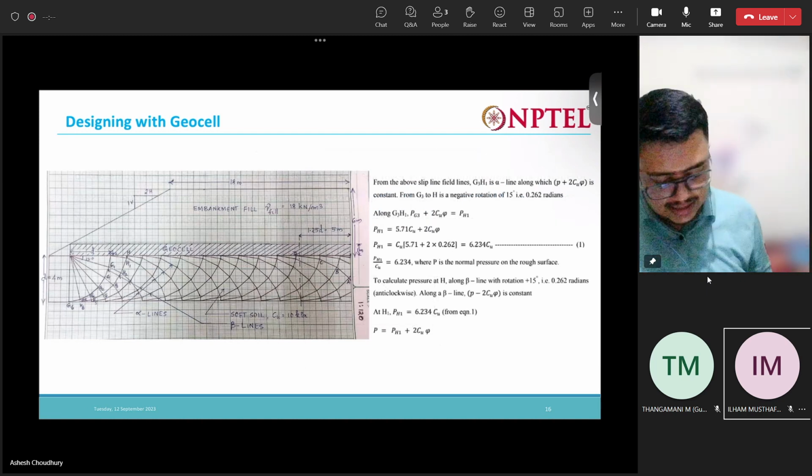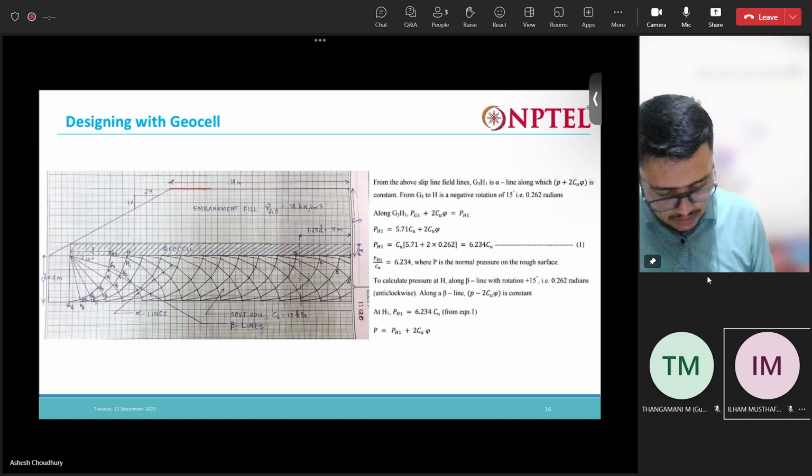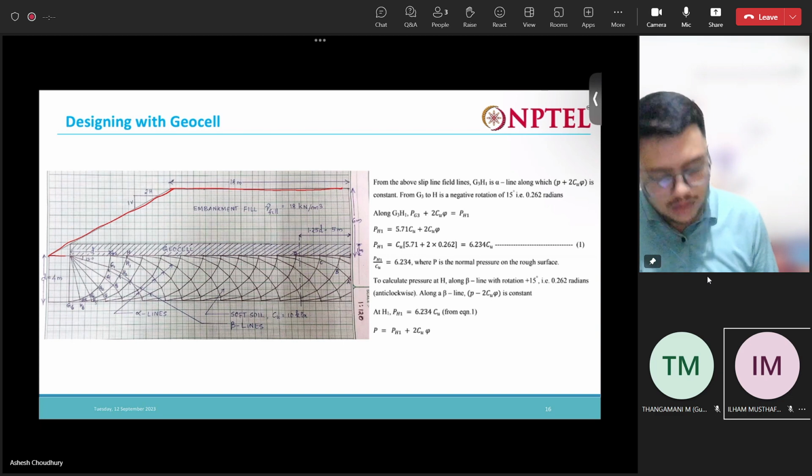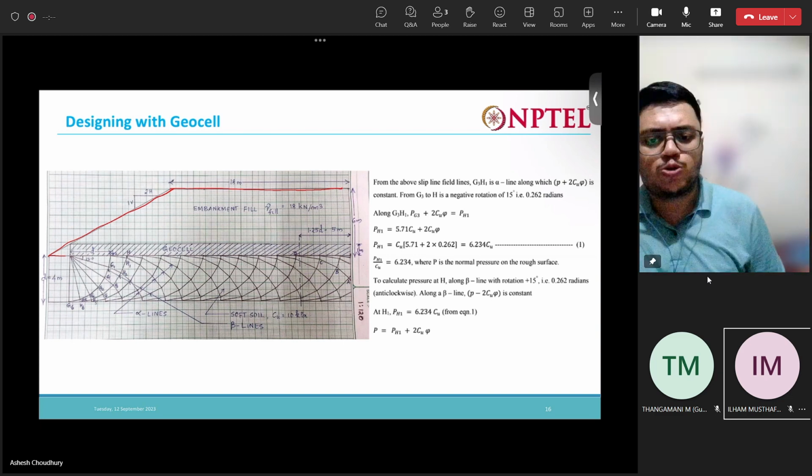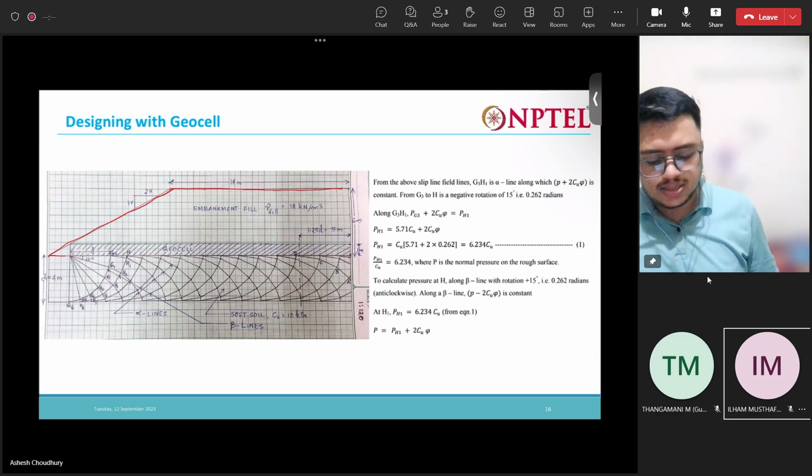So what we do, we consider the embankment, as you can see. Half portion of the embankment: the total was 36 meters, so 18 meters.